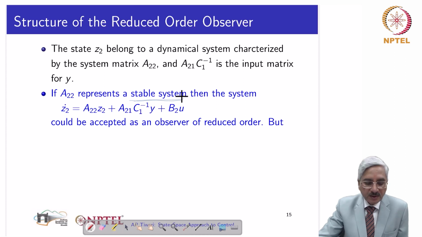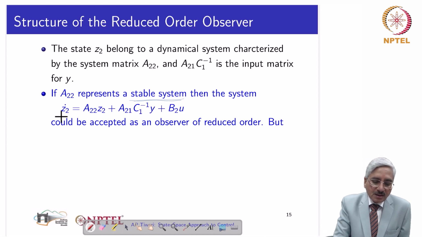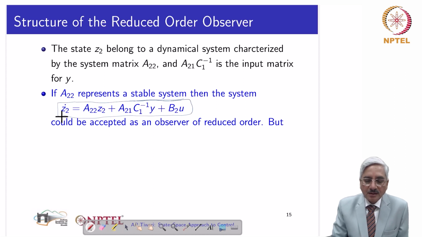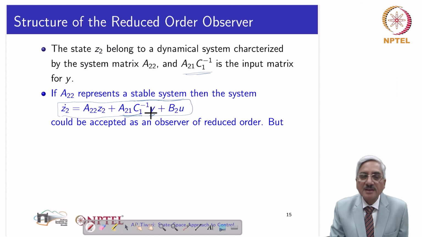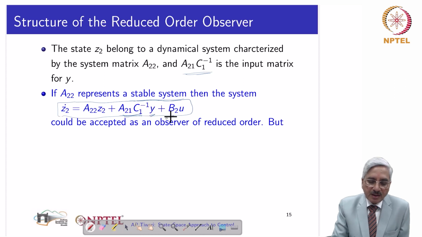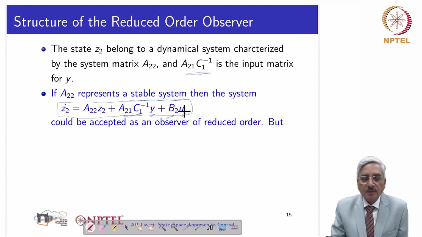Then this system will be stable, with A21 C1 inverse as the input matrix corresponding to the measurement vector y, and B2 the input matrix corresponding to the input to the system u.